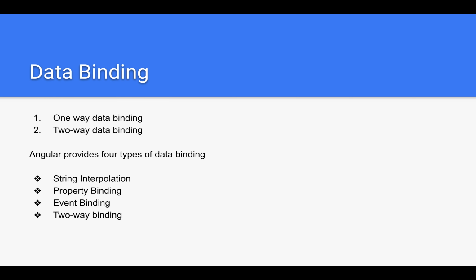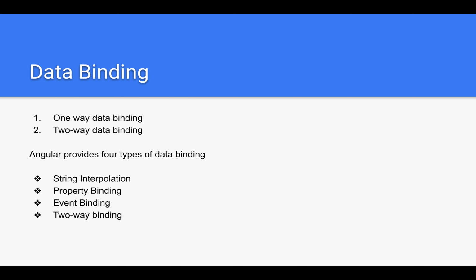One-way data binding means a simple one-way communication where the HTML template is changed when we make some changes in the TypeScript code. Whatever changes you make in the TypeScript code will be reflected in the HTML page. But if you make some changes in the HTML page, it cannot be reflected in the TypeScript code. That is about one-way binding.